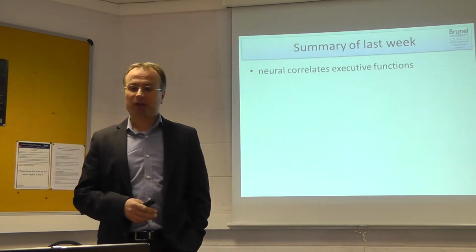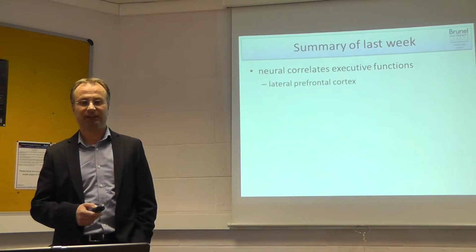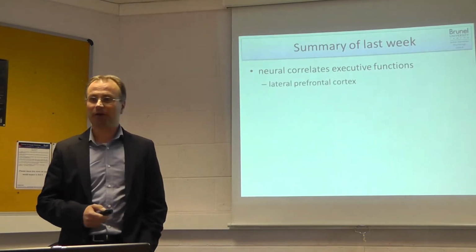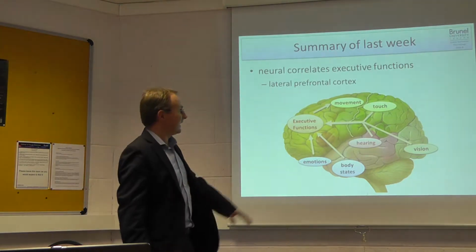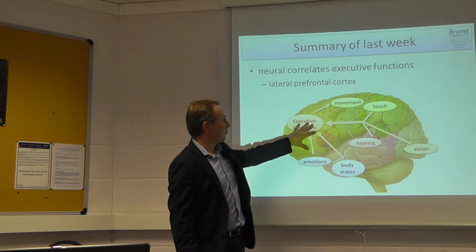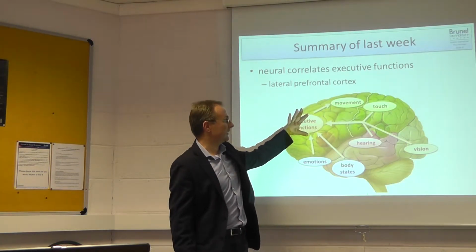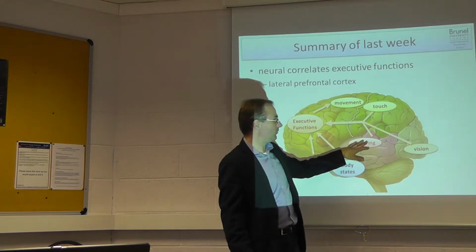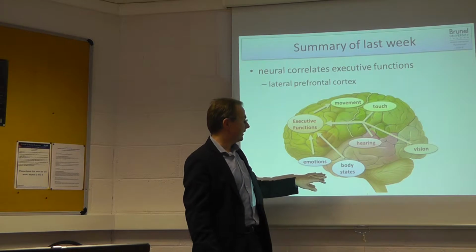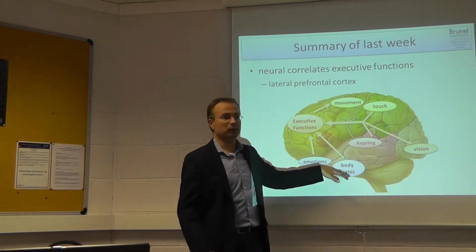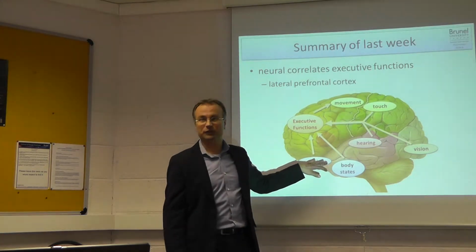In addition, we spoke about the neural correlates of executive functions, and in particular the role of the lateral prefrontal cortex. We had this diagram where we said executive functions are well localized in the lateral prefrontal cortex because this area not only receives information from all sensory domains, but also from subcortical structures about body states, hunger, thirst, tiredness, and our emotional states.